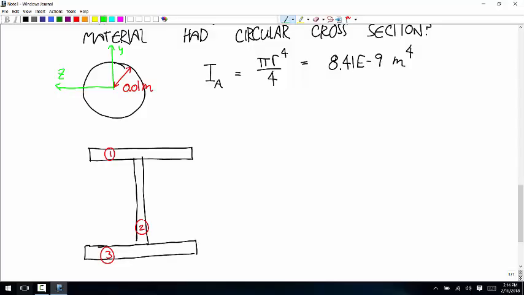Well, there are two lines of symmetry. One down here, one there. And so the centroid of this shape has to be at the intersection of those two lines of symmetry. Okay, so the centroid is right here.